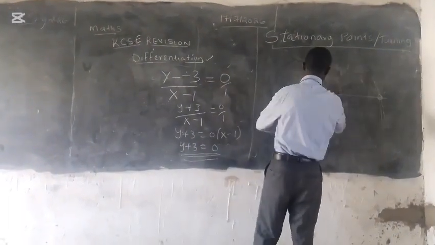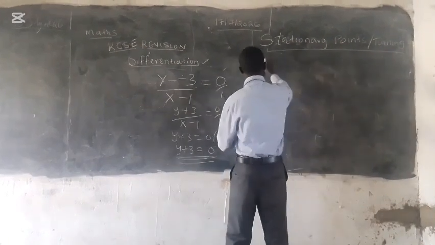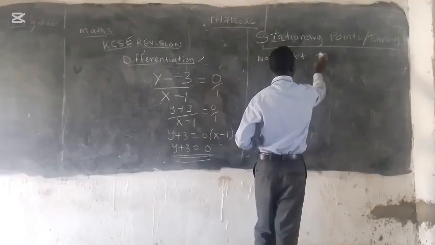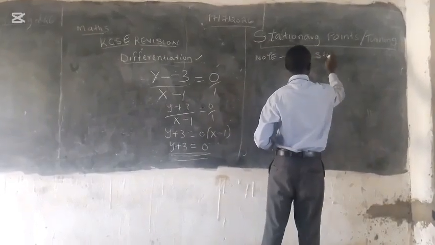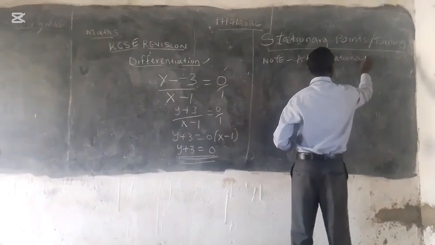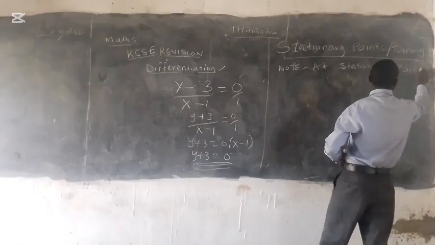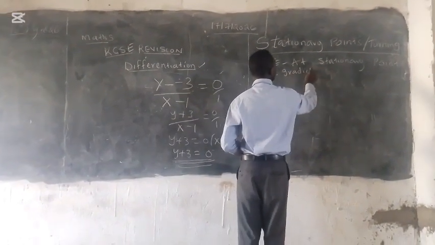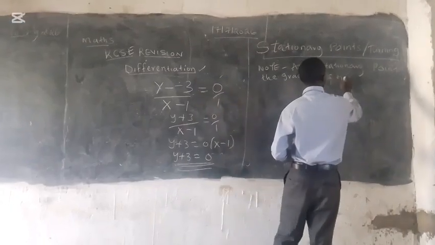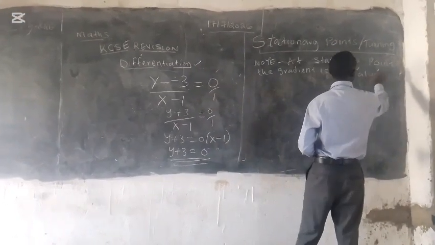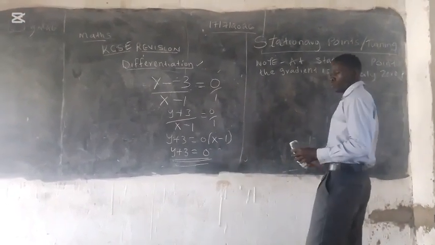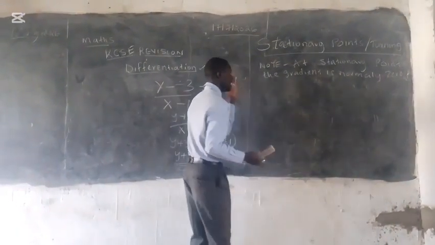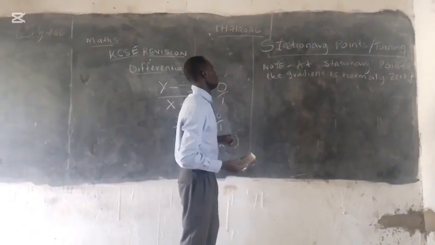We say that note, at stationary point, the gradient is normally 0. That is very, very crucial to understand. For you to answer any question concerning this, that is the beginning point to understand.